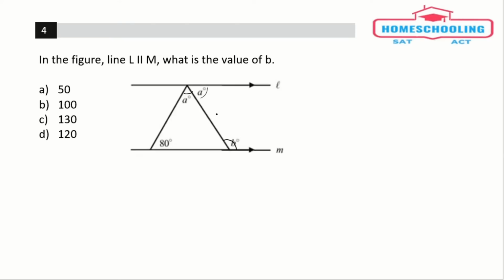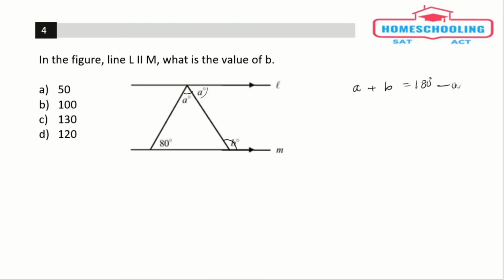See, if we take angle A and angle B, their sum would be 180 degrees because these two angles are interior angles. These two are parallel lines and this is a transversal, so these two angles would be interior angles, so their sum would be 180 degrees. So A plus B would be 180 degrees.